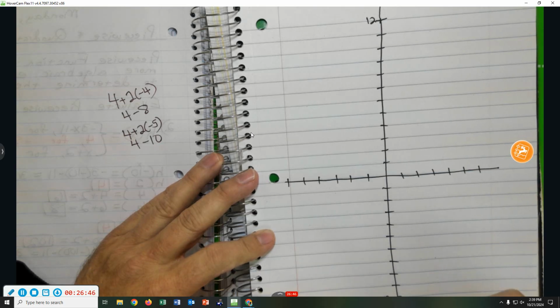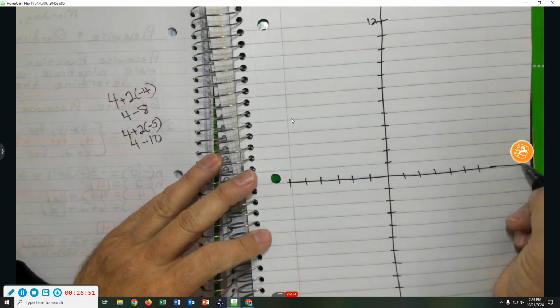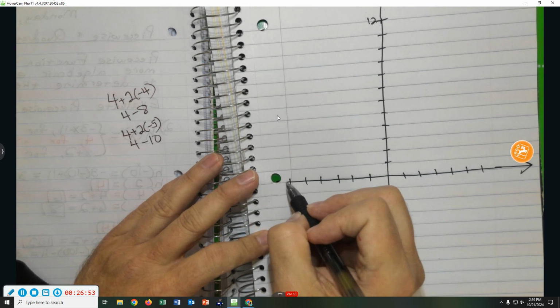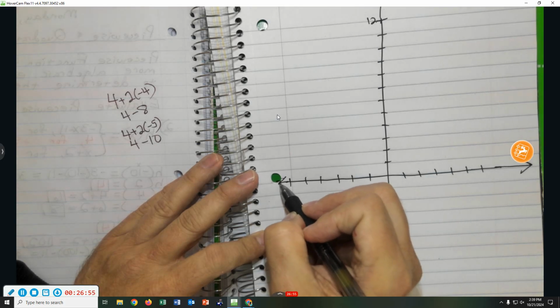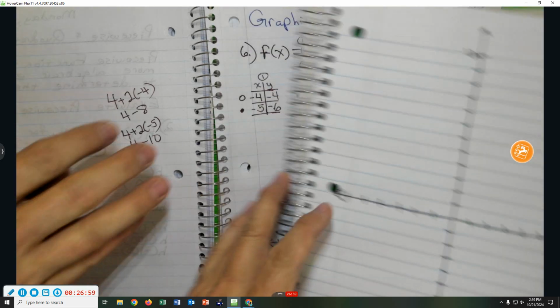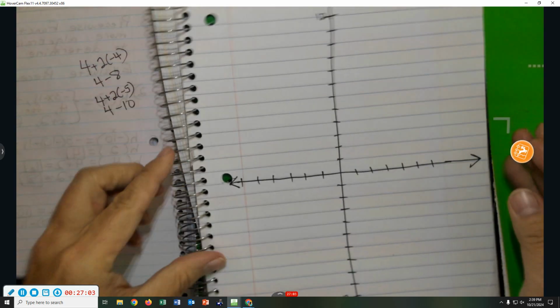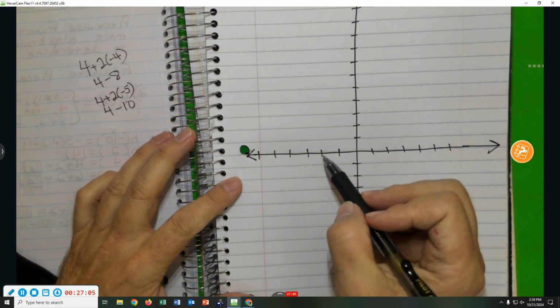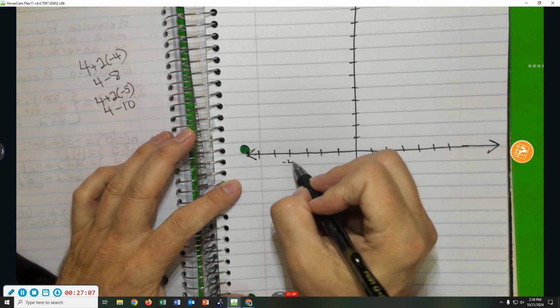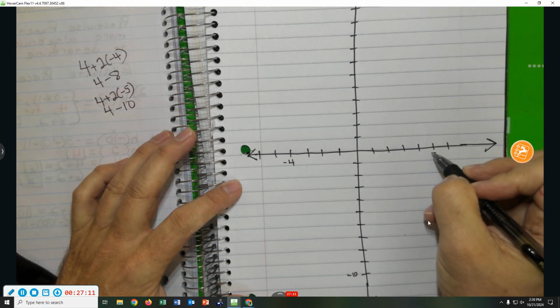Negative 10. And the x values: negative 4 and positive 5.